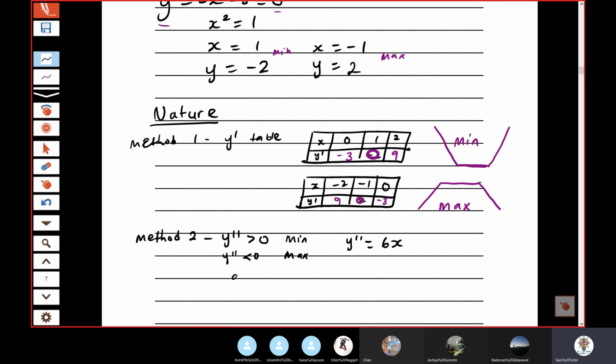And then all you do is at your point that you've got, so 1 and negative 2, y double dash is 6 times x, which is 6, that's greater than 0, which we know is a min. At negative 1 and 2, y double dash equals 6 times x, which is negative 1, which is negative 6, that's less than 0, and that's a max. There's less substitution, as you can see, less fiddling around.